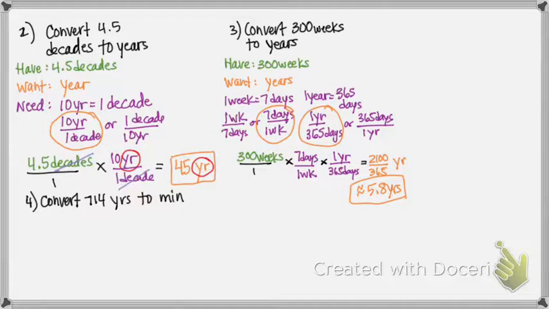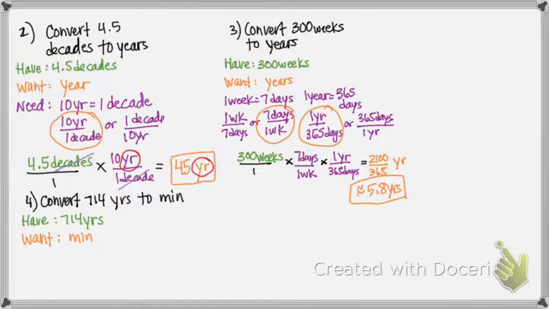So it's still a time one, but now we're going to use different conversions. So let's see, what do we have? We have 714 years. So that's a label we start with. What do we want? We need minutes.